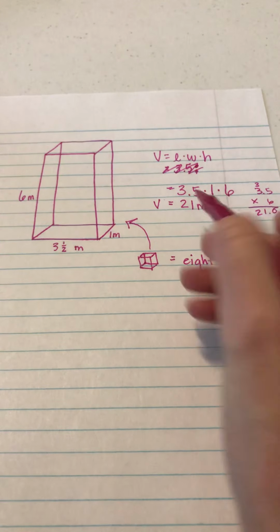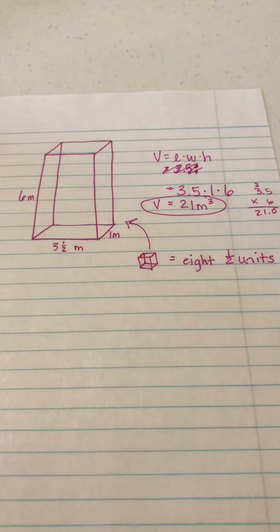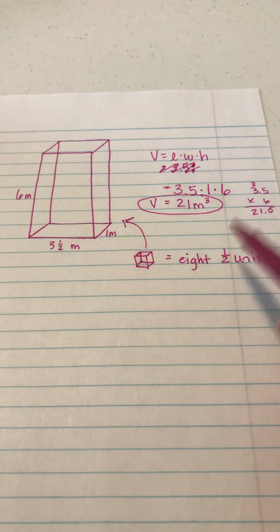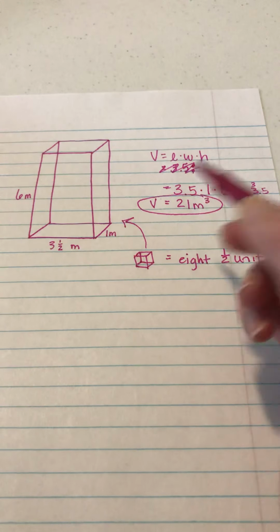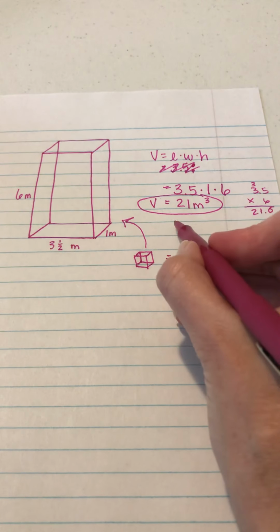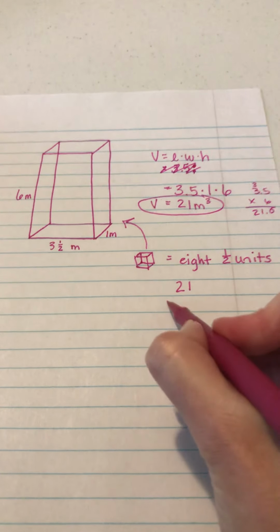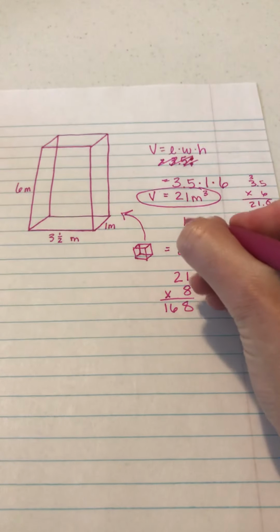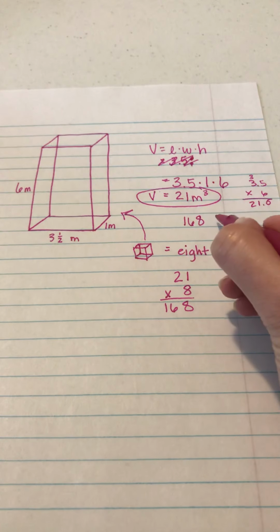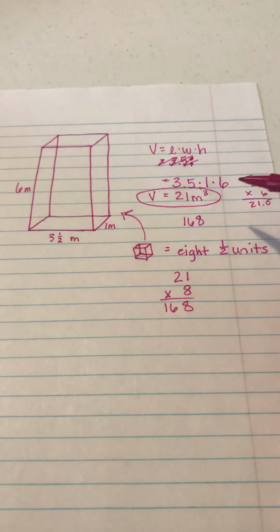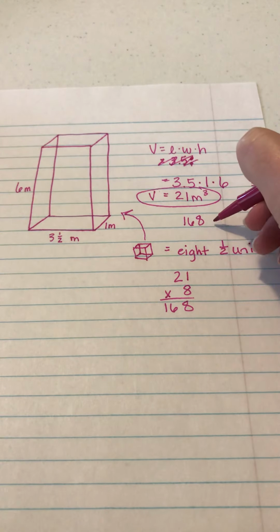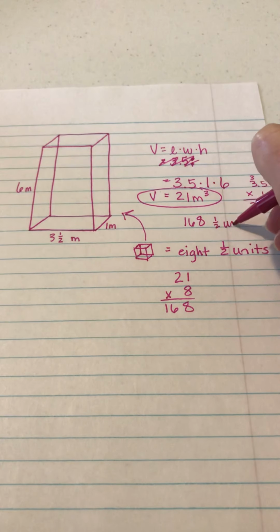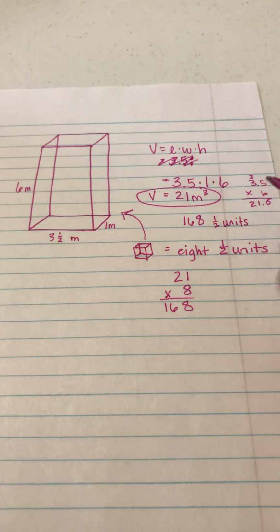So if you find this volume and you want to know how many half units are represented, you would just take this, 21, and multiply that by 8, because there are 8 half units in each. There are 168 half units.